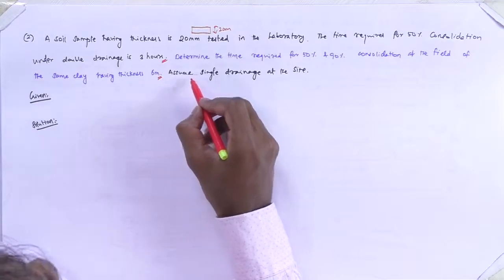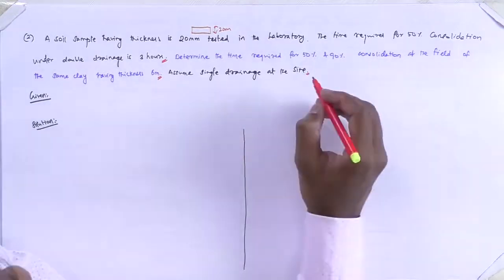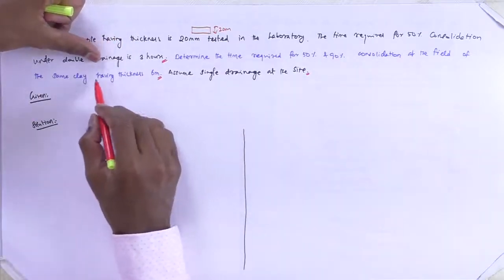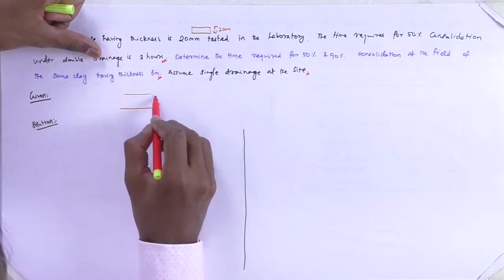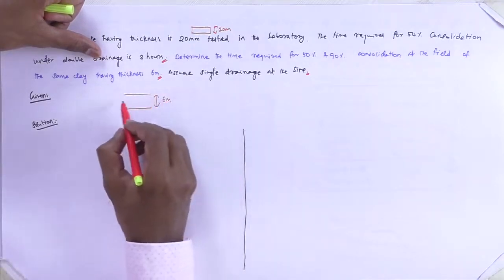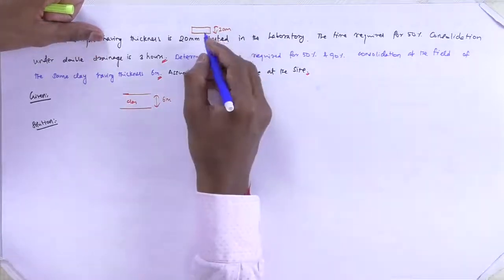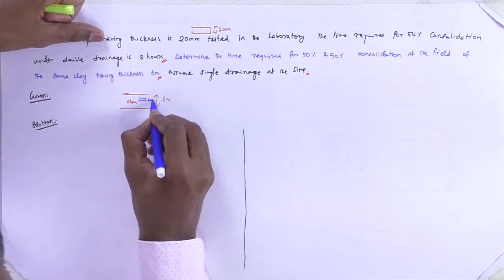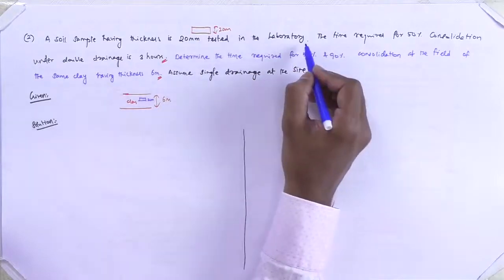Assume a single drainage at the site. As denoted in the question, there is a clay layer of about 6 meter, from which an undisturbed sample has been taken. They have taken 2 centimeter of sample and tested it in the laboratory.